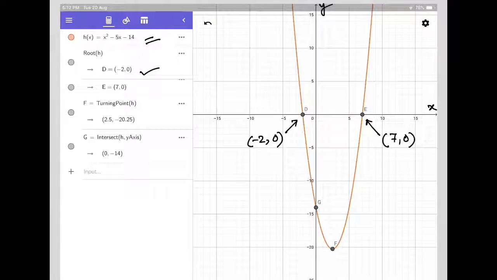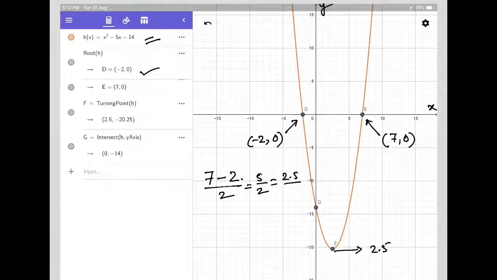So, this is the turning point. To find the turning point, I said that first we need to find the axis of symmetry. So, just averaging these two, 7 plus minus 2, so 5 by 2 equals 2.5. Keying this value of 2.5 into my original equation, I find that it comes to 20.25.